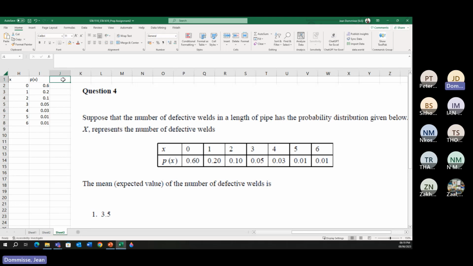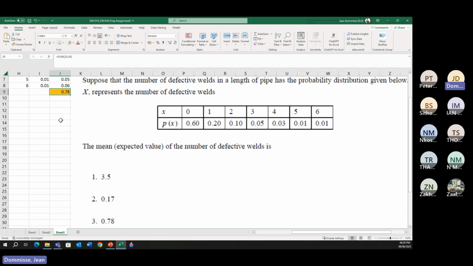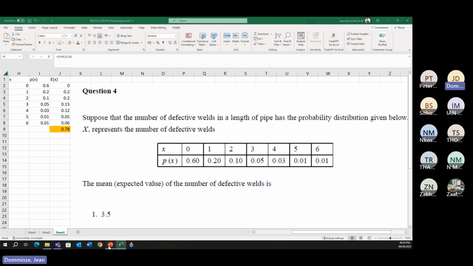So again, we worked it out as the x times the probability of it. We work it out for all of them, and then we sum all of them, and we get one of those answers, 0.78.